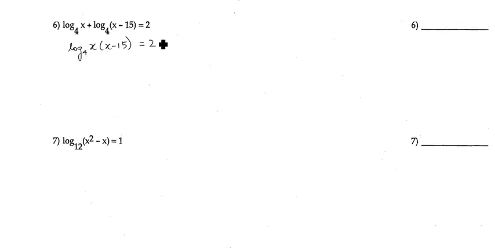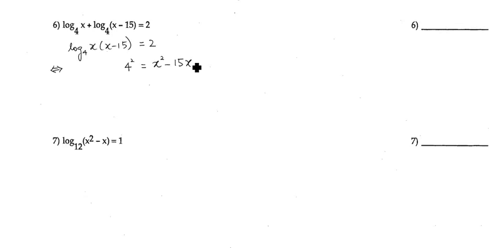We are using log property number 1. And now, just like the previous problem, I will convert this back into the exponential form. I got 4 squared will be equal to x times x minus 15. Let's distribute the x simultaneously so we save some steps. x squared minus 15x.